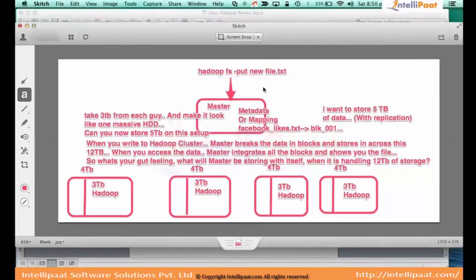When we go to more details, you will realize that there are some deviations from that. But for now, in one line, you will talk to the name node and say, hey, I want to put a file.txt. Name node will say, okay, wait a minute. How big is the file? It is 300 MB. So we will make 5 blocks and spread across the cluster. All that is taken care of by the name node. But there are a few deviations which we will see at the end of the presentation.